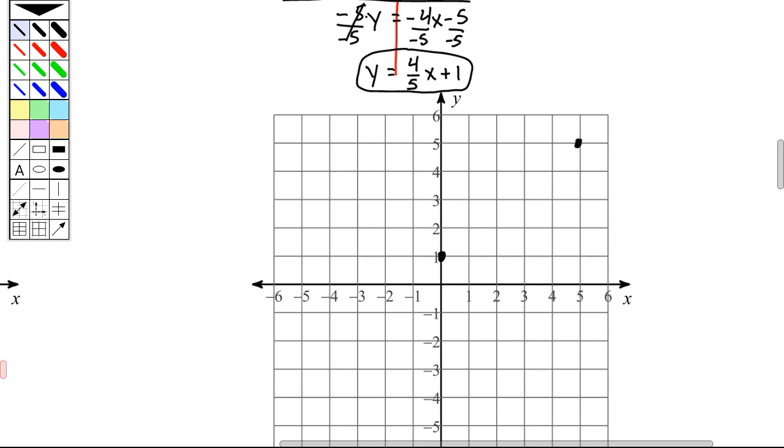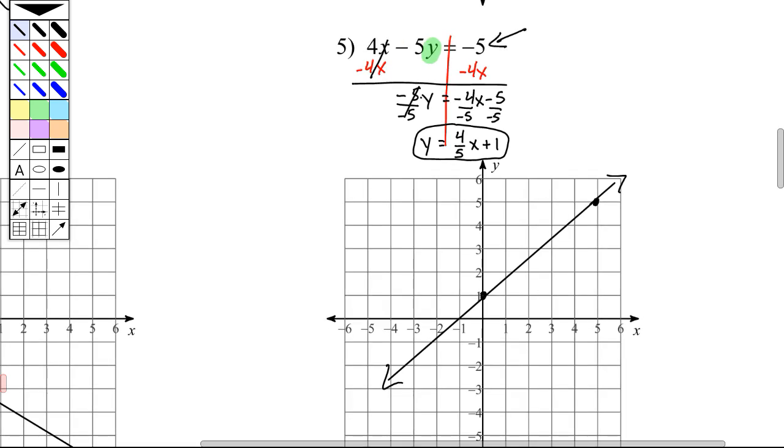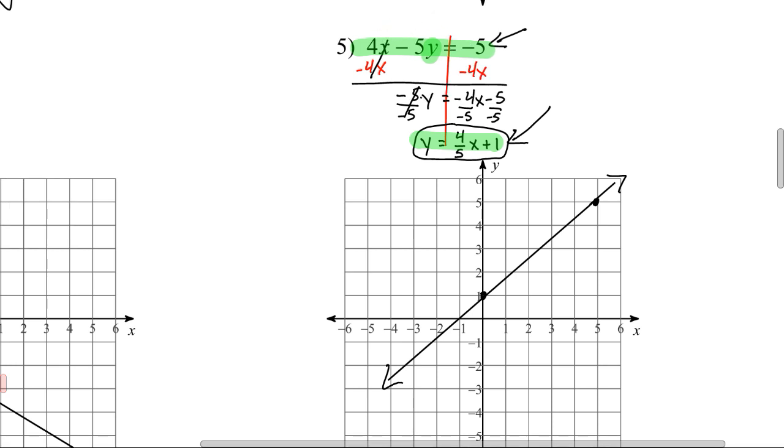Make my point. I've got 2 points. Draw my line. Extend it through both points. Put on my arrows. And this is the graph of this original function, which is also the graph of this function because these are the same exact thing, just in different form. We went from standard form into slope-intercept form.